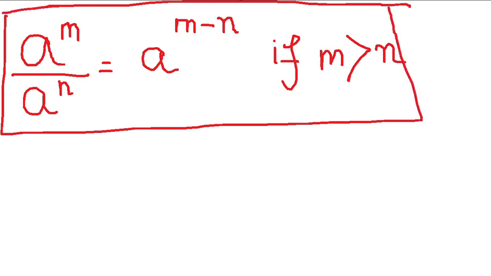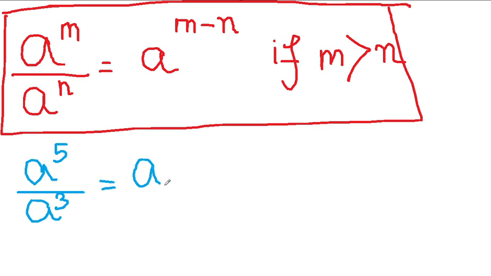Now, taking an example of this formula, we have a to the power of 5 over a to the power of 3. In this case, a is equal to a, I did not take a value, right? Fine, it's okay. So a is equal to a, m is equal to 5, and n is equal to 3.